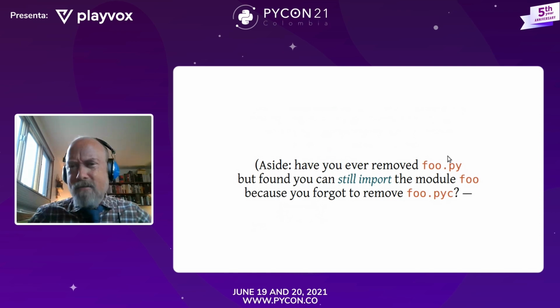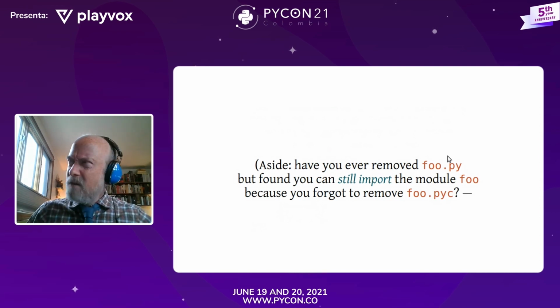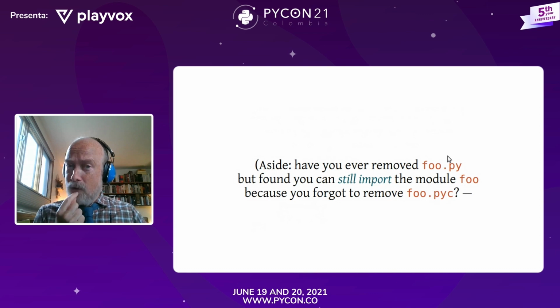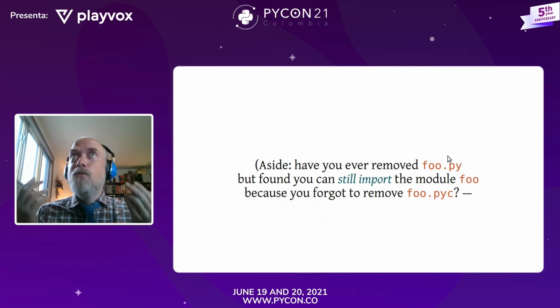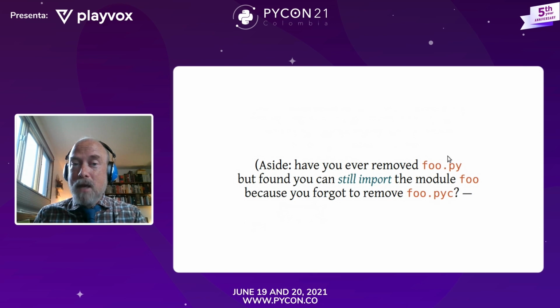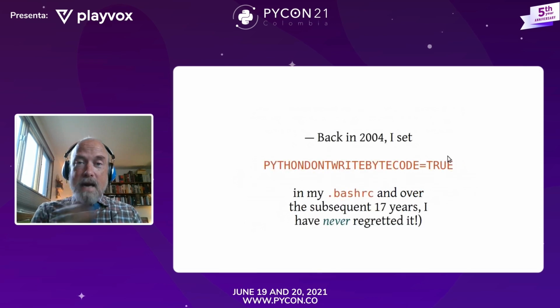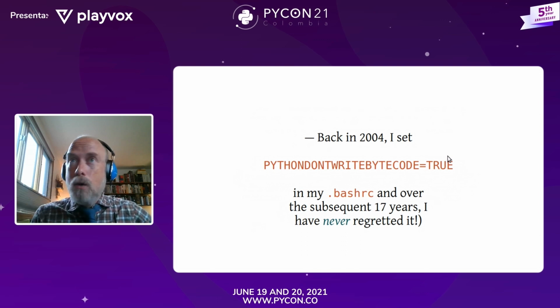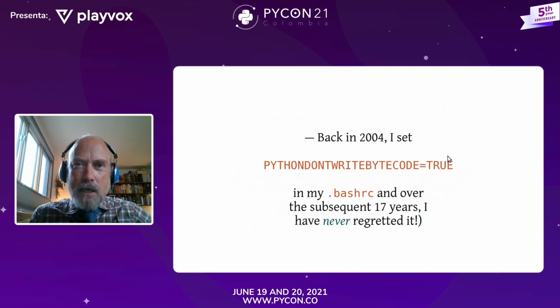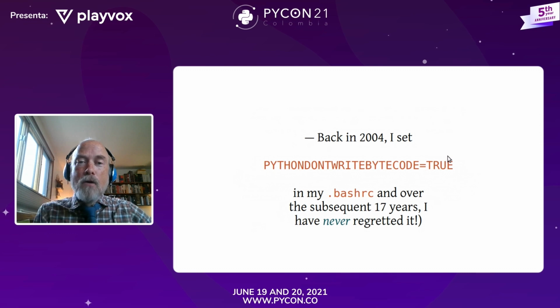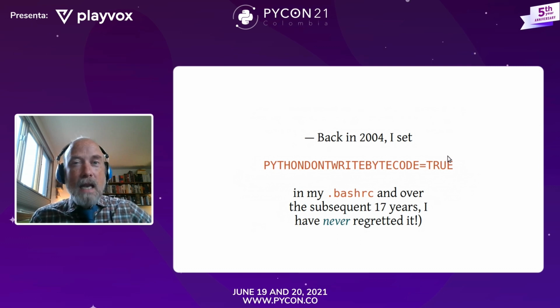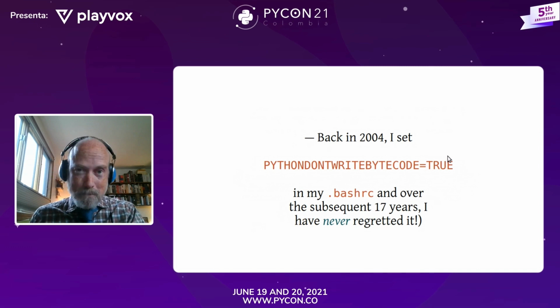Aside: have you ever removed foo.py but found you can still import the module foo because you forgot to remove foo.pyc? Back in 2004, I set PYTHONDONTWRITEBYTECODE=true in my bashrc, and over the subsequent 17 years, I have never regretted it. Try it out. You might never miss those little PYC files when they're not around anymore.